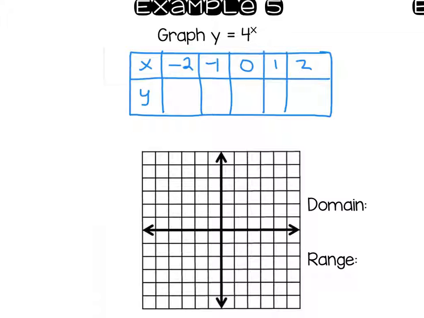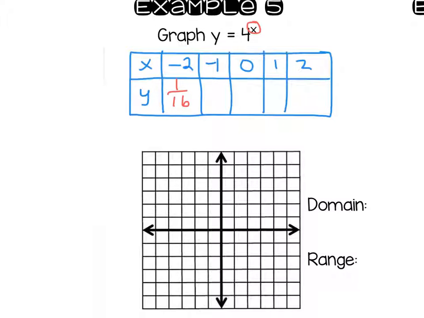Okay, so here's example 5 of an exponential. So we're going to remember the value of x is the exponent. So we're going to take 4 to the -2, which gives us 1/16.